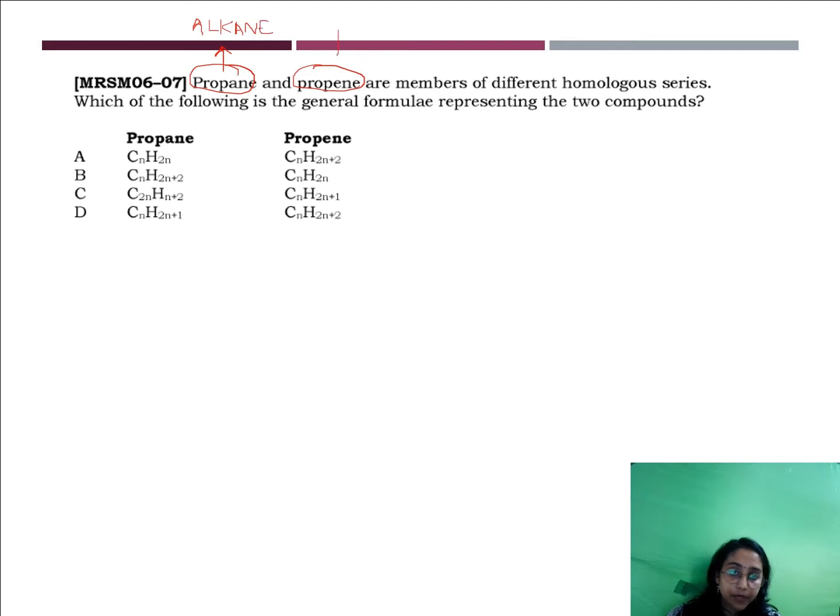Propene comes from alkene. So you must know alkane, the general formula of it will be CnH2n+2, whereas alkene will be CnH2n. So please go and look for the respective answer. So what you'll get is the answer will be B.